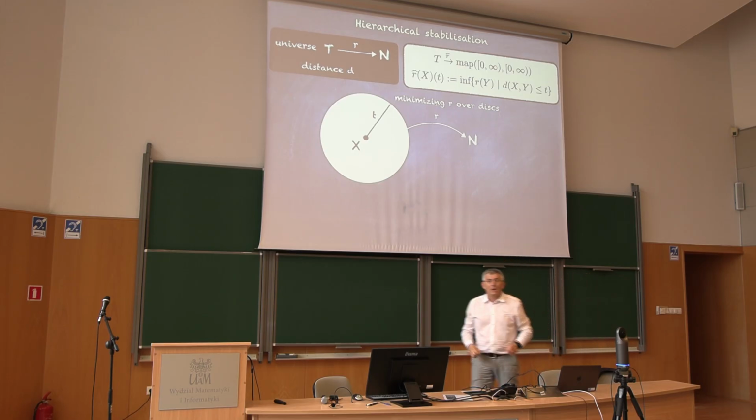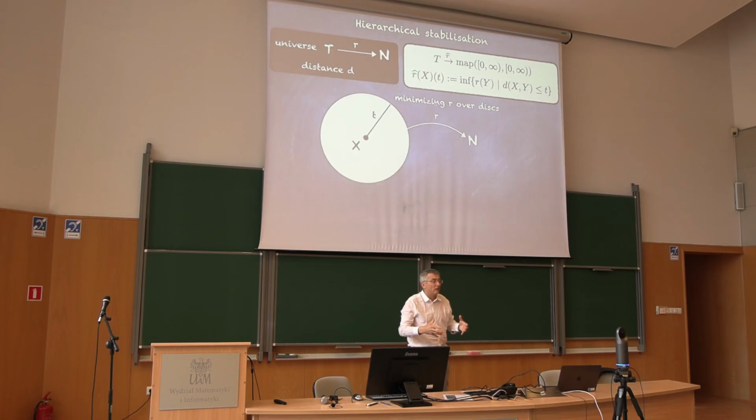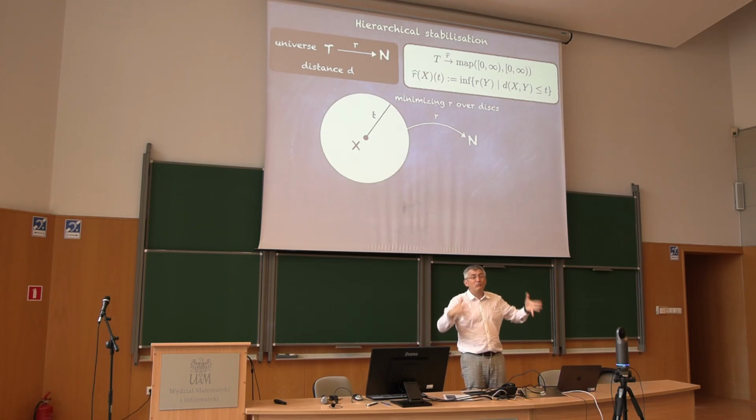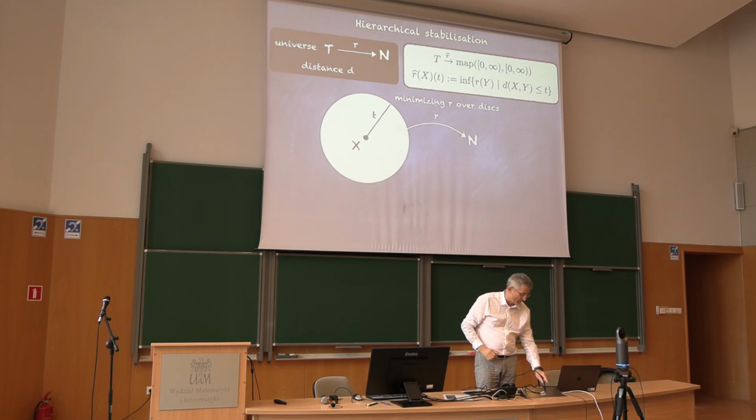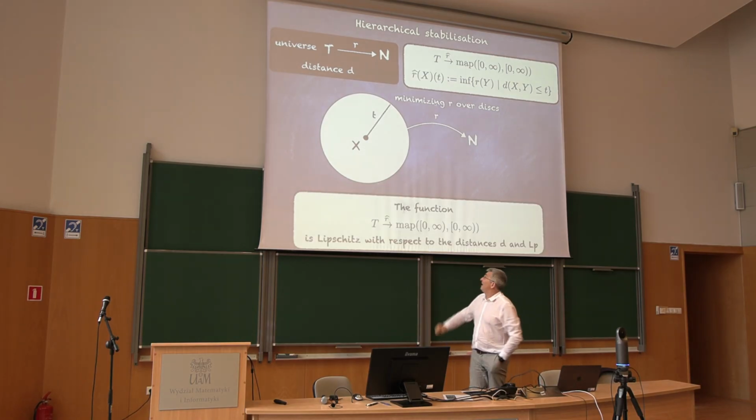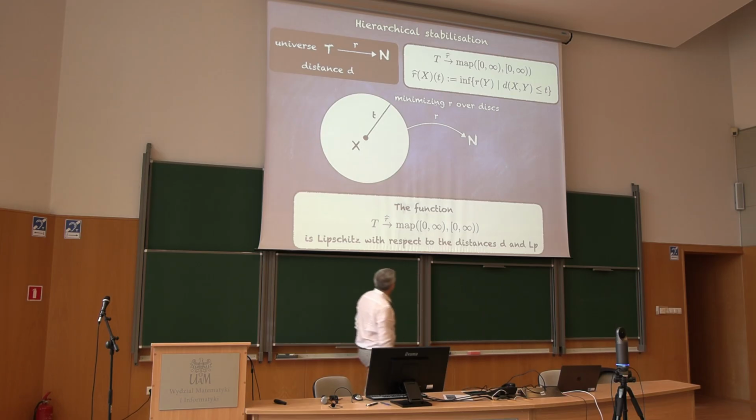Okay. So it uses the geometry to define that function. I have to understand the geometry of the balls in that universe. Okay, so it tells me some information about how that point is embedded in that universe with respect to the distance. So what's amazing about this is that this modeling is Lipschitz.